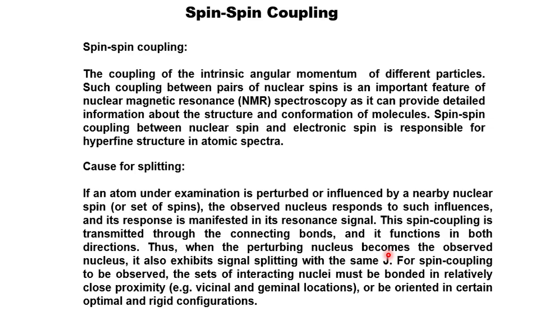Now, for spin coupling to be observed, the interacting nuclei must be bonded in relatively close proximity, either vicinal or geminal location. So, either on the same atom or just one atom later, and oriented in a certain optimal or rigid configuration.